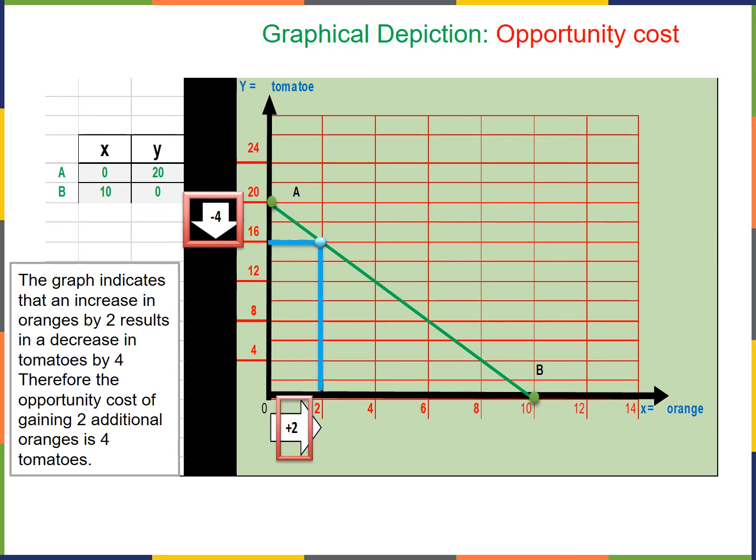Therefore, the opportunity cost to increase oranges by 2 is 4 tomatoes. Let me say it again: the opportunity cost to increase oranges by 2 is 4 tomatoes. We are losing 4 tomatoes to gain 2 oranges. And that will be pretty much our graphic depiction of the concept of opportunity costs.